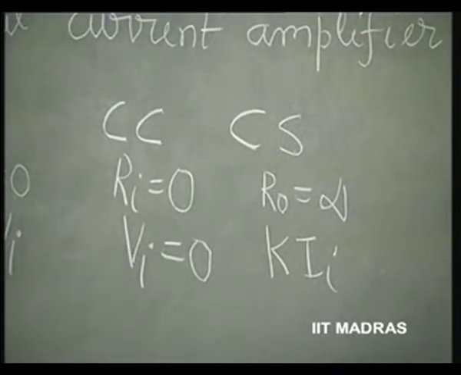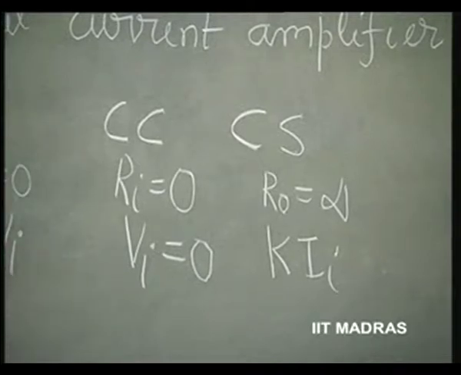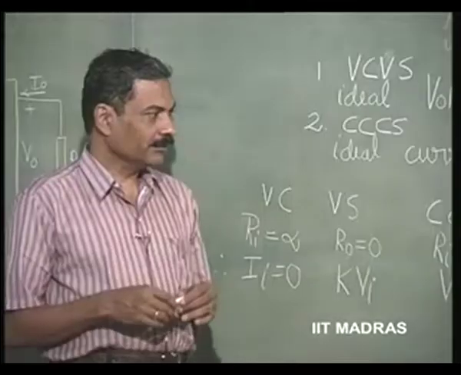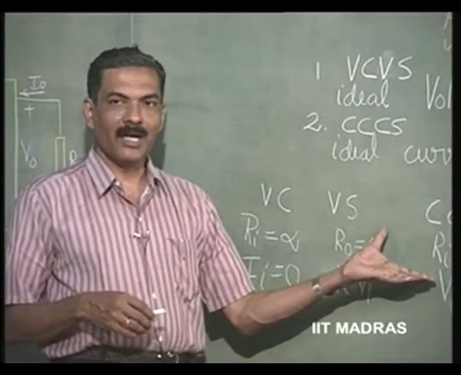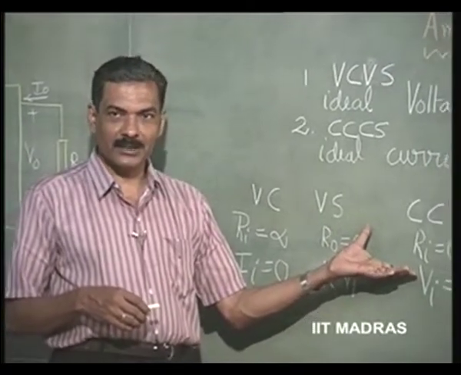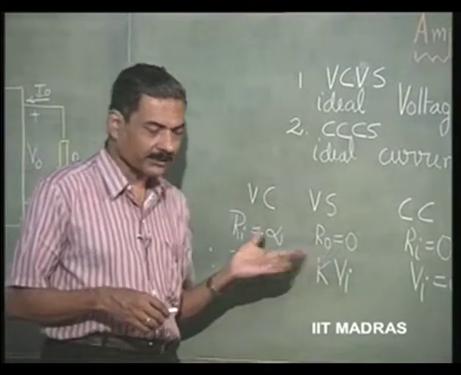We said in practice obviously we cannot have any of these ideal amplifiers. We have to know how we can recognize an amplifier as a current amplifier or as a voltage amplifier in practice.